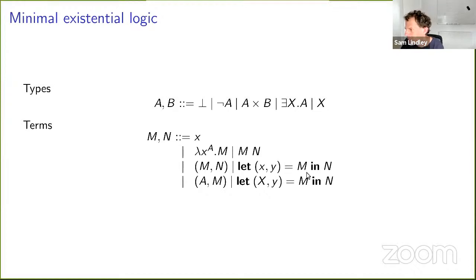And it's kind of cool because you can encode the whole of System F into a language that only has these constructs. So we have bottom, we have a restricted form of function. That's what this negation is. It's functions that never return a value. We have products and we have existentials. And that's it. So you see you have lambda, but this lambda can't ever return a value. We have pairs, elimination for pairs, and existentials and elimination for existentials.